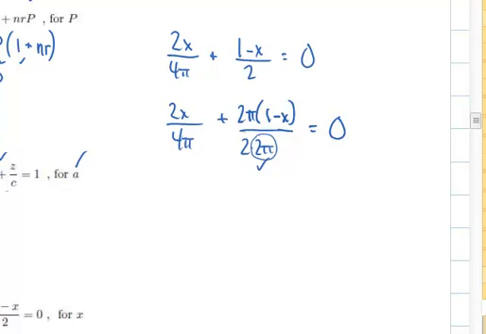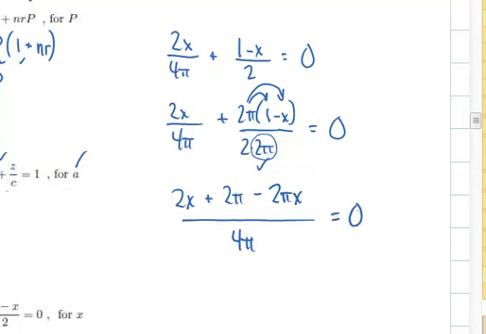So now I can combine these. I have 2x plus 2 pi, distributing these, minus 2 pi x, all over 4 pi equals 0. So now I'm going to factor out a 2x, and that will leave me with, oh, actually, I'm not.